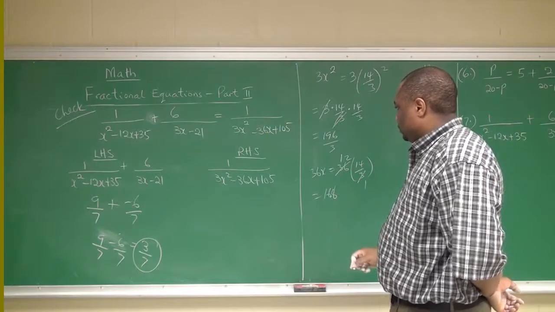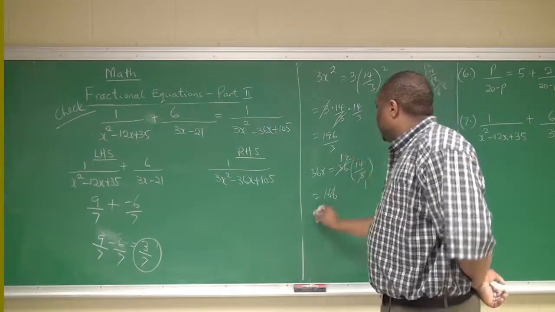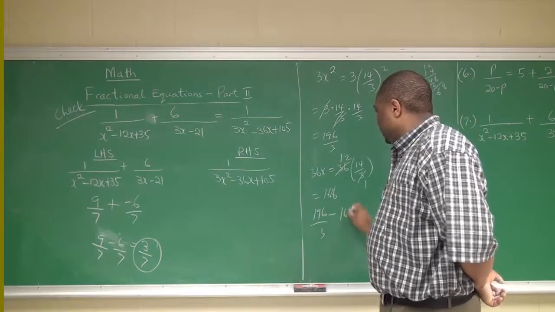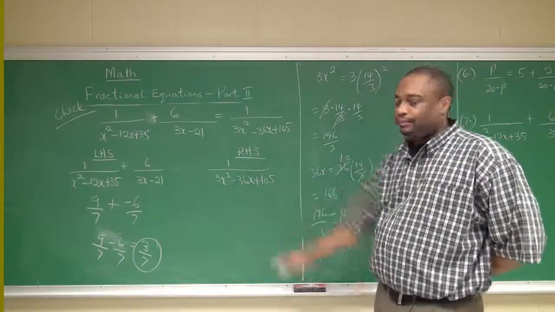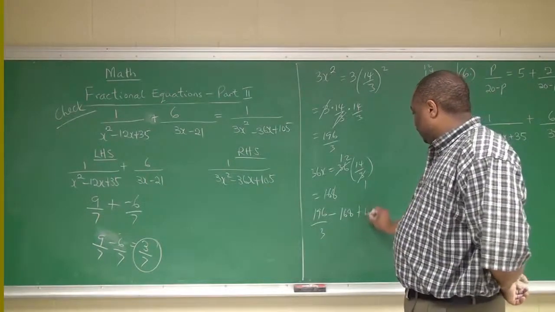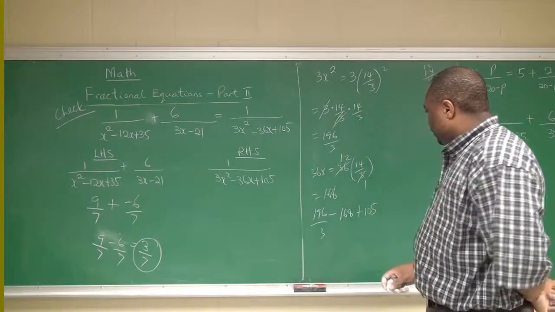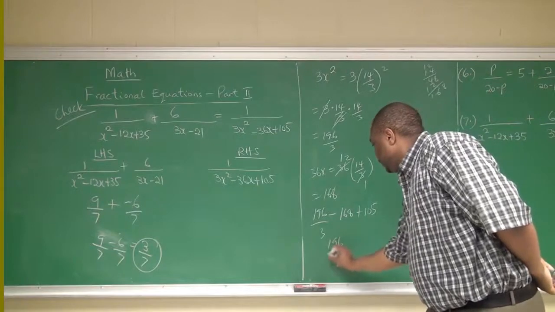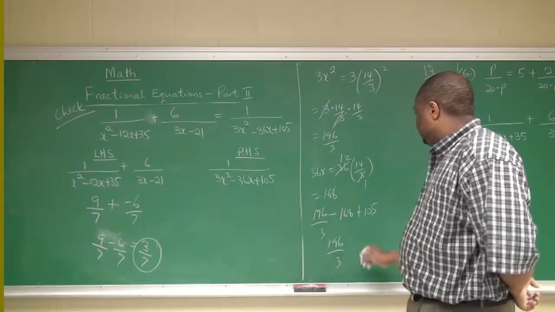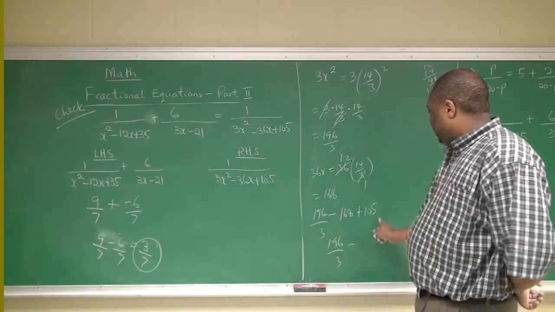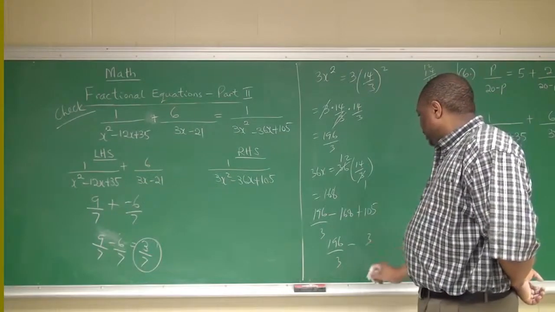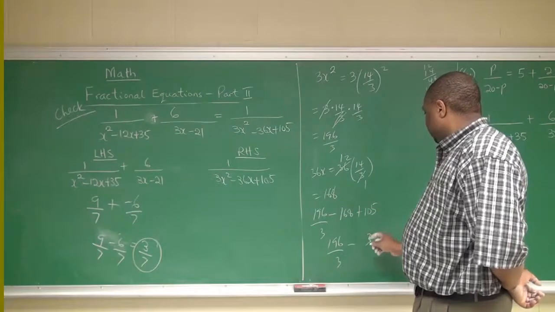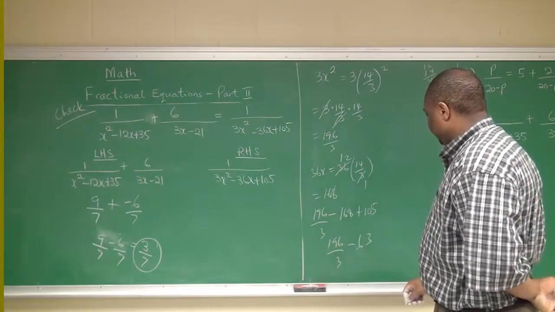Plus 105. So this is now 196 over 3 minus 168, plus 105. So this will give us 196 over 3 minus 63.